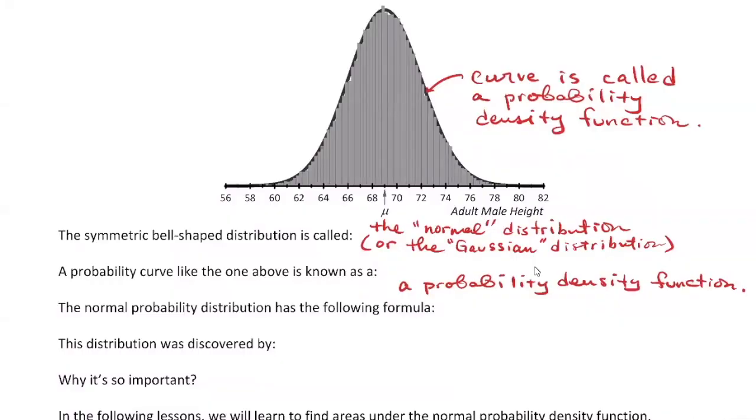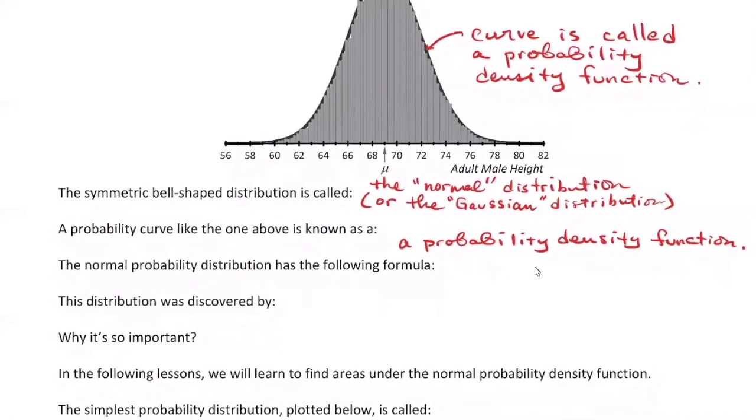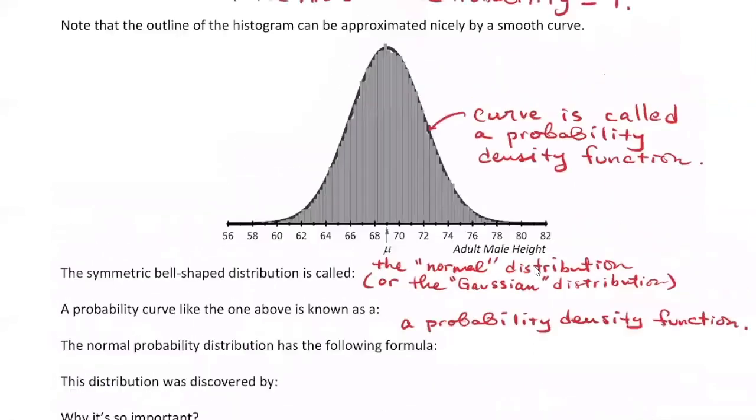Okay, so the normal probability distribution, which is the one that we're looking at, that's a normal distribution.